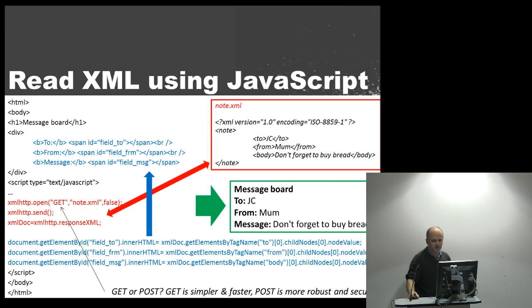So here I'm going to 0, which means I want the first record in the file. And then I want the child of 2. The child is 0 because here the hierarchy is flat.